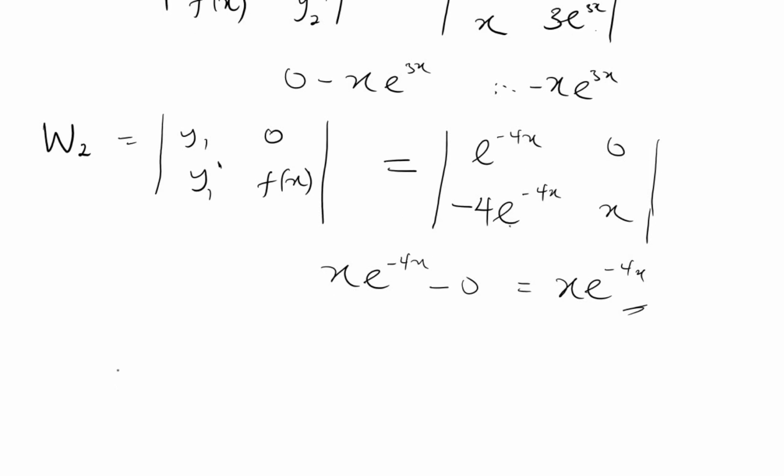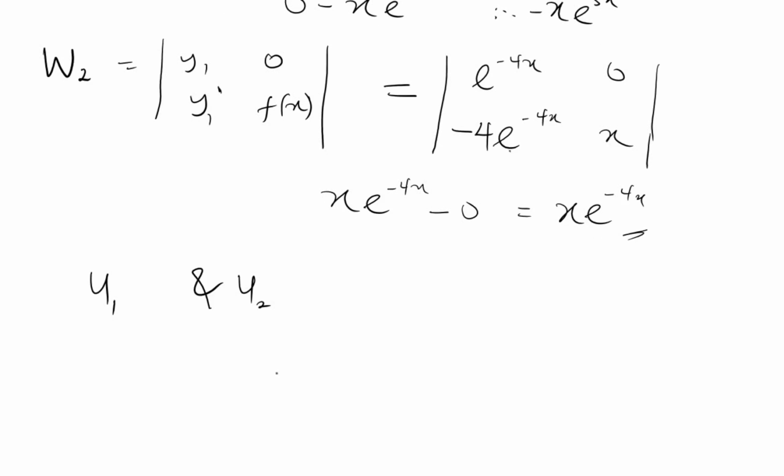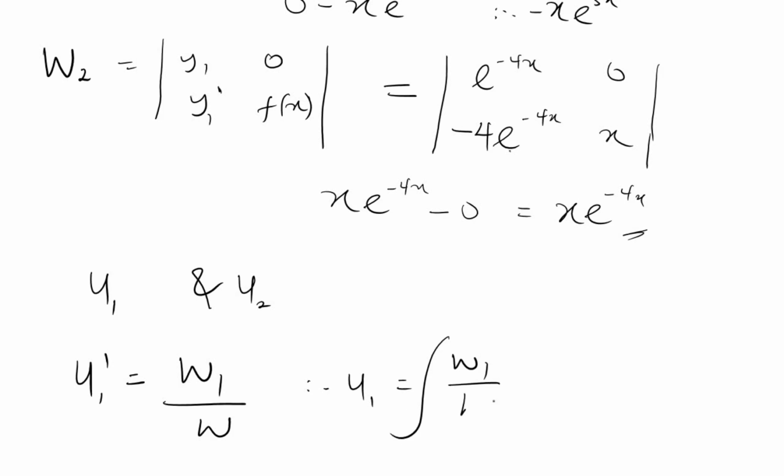What I'm going to use with the Wronskian matrix is I'm going to find some parameters known as u1 and u2. How am I going to find them? I'm going to say u1 prime is equal to w1 over w, which means u1 is going to be integral of w1 over w.